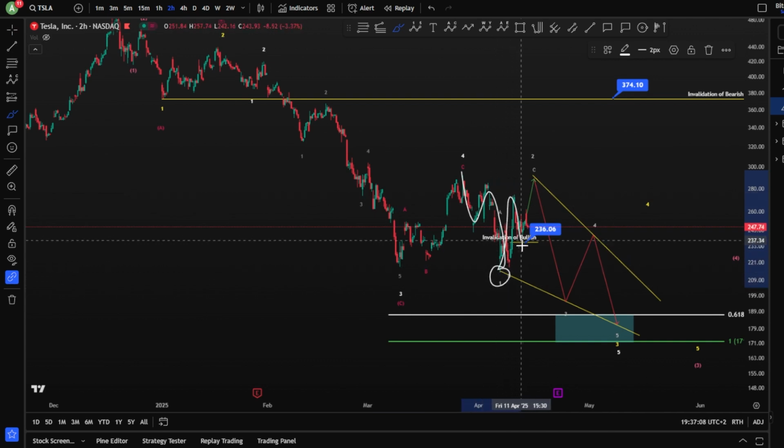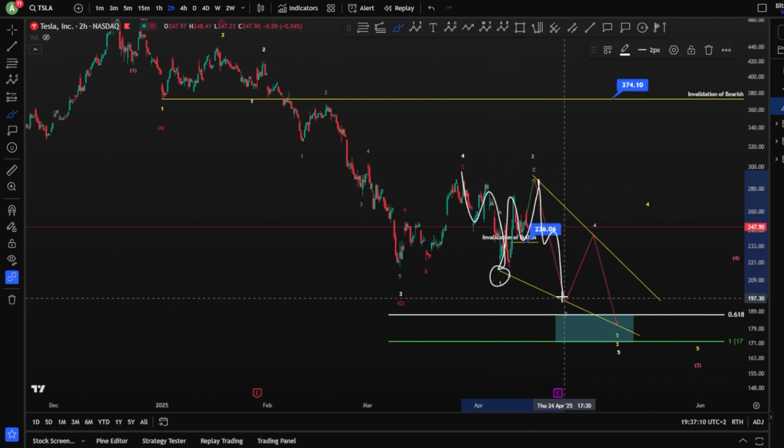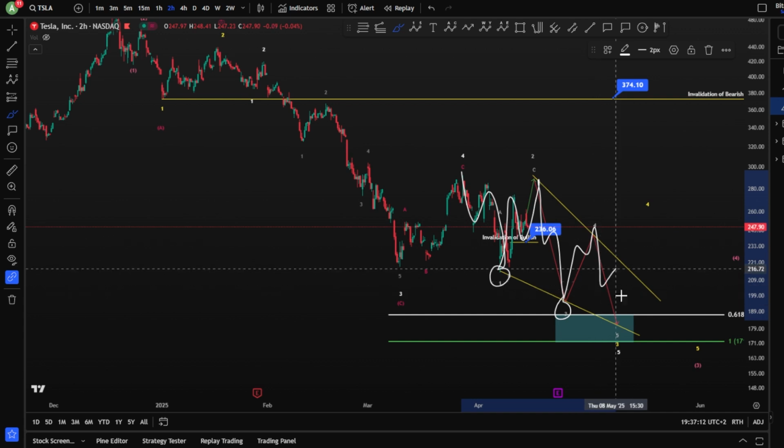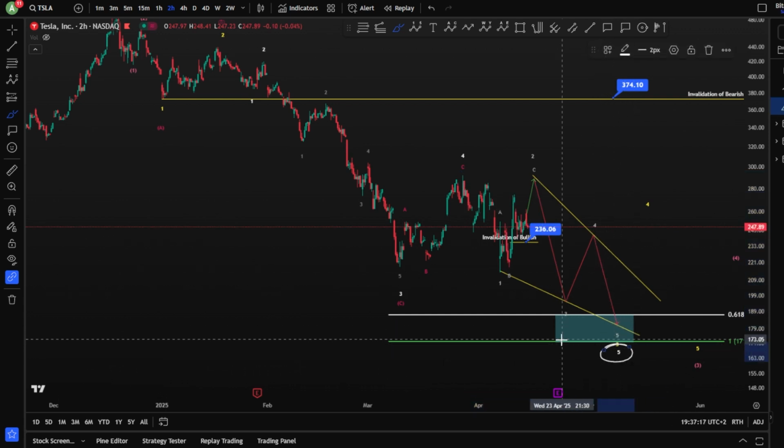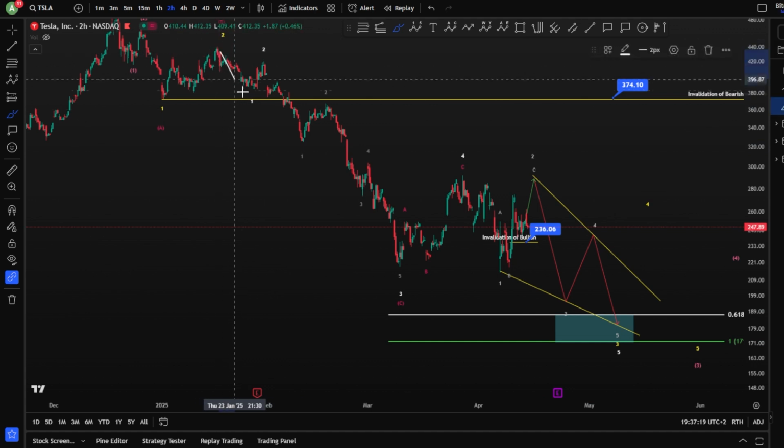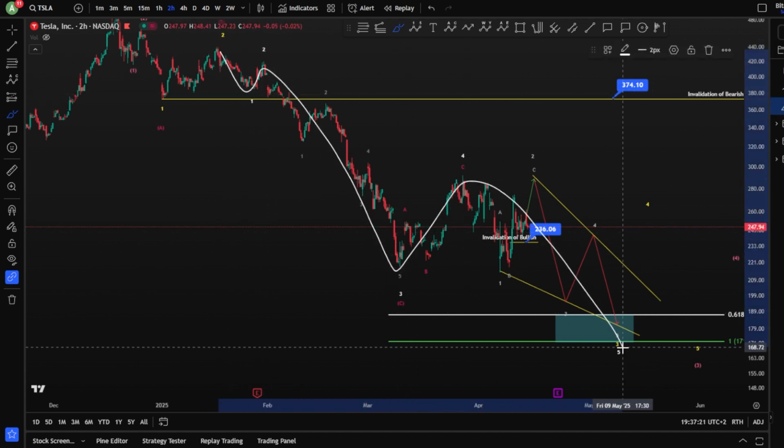Zigzag for the wave 1, correction for wave 2, zigzag for the wave 3, correction for the 4, final zigzag for the wave 5, to finish a wave 5 only in the white scenario, meaning 1, 2, 3, 4, and a 5.